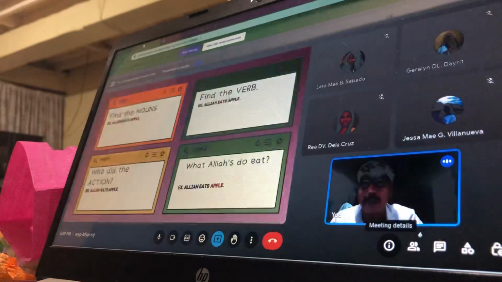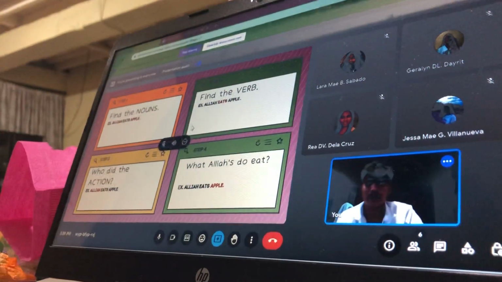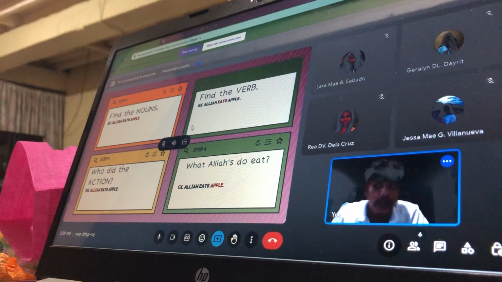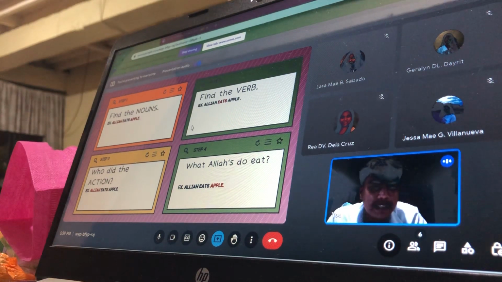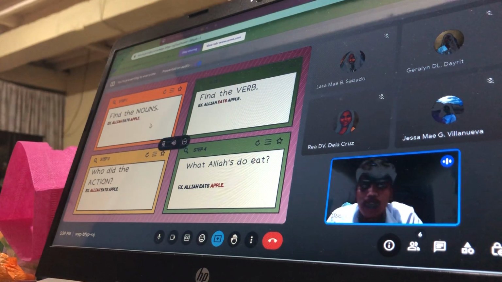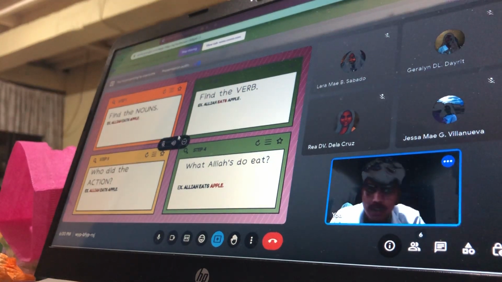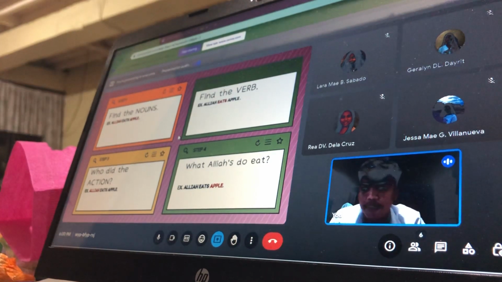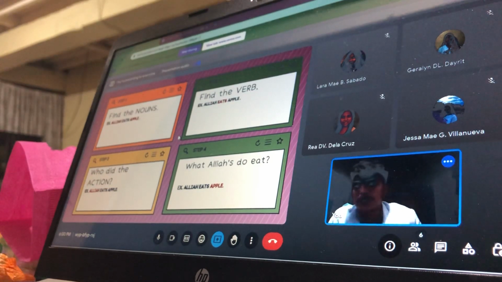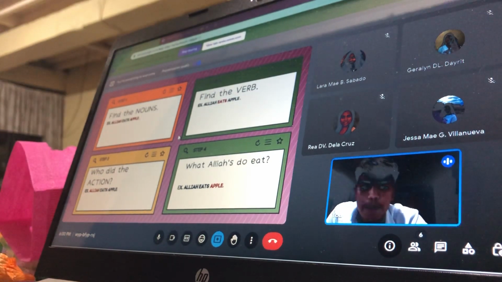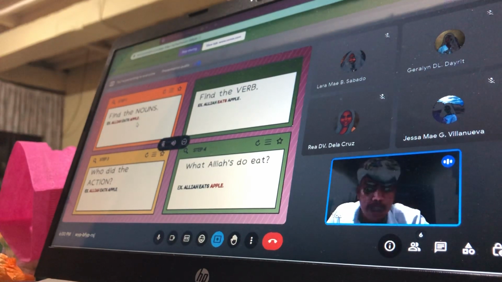Okay, here are the steps in finding the subject and the object in the simple sentence. Step 1, first find the nouns. For example, Aliyah eats apple. First we must look at the nouns. In that example, Aliyah and apple are the nouns.